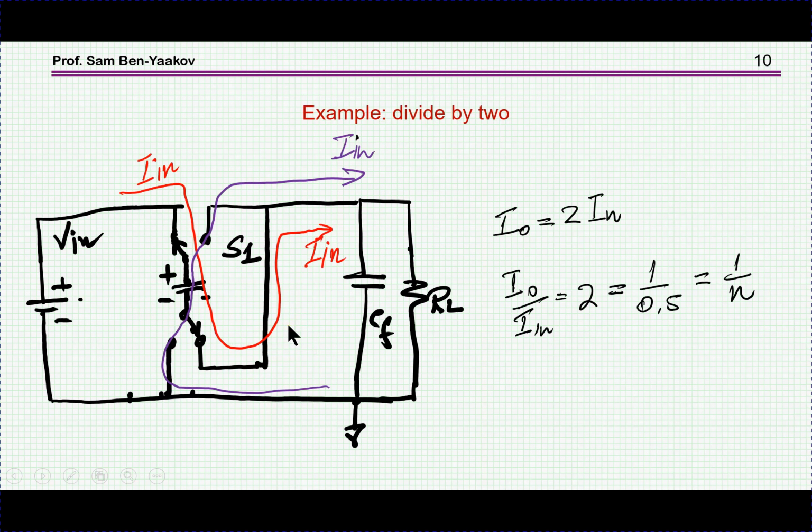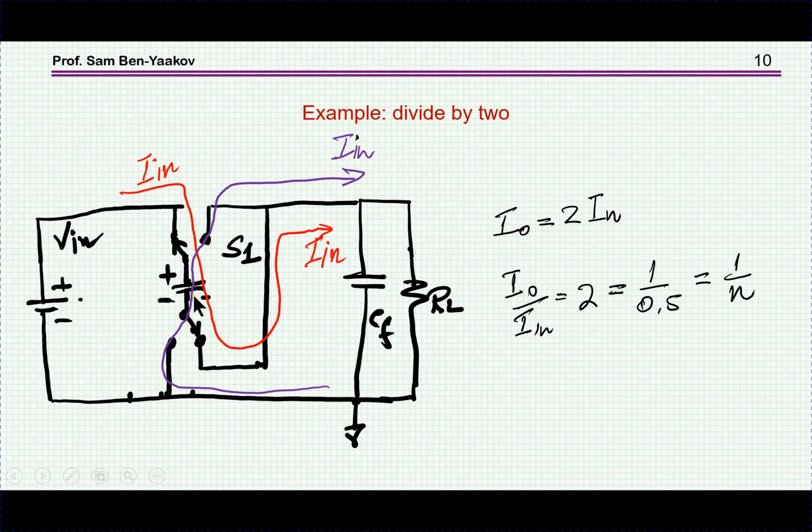So let's have a look at what happens in this divide by 2. In this case, when the switch is in this direction, we have a current I in going out. The I in, this is this current. This is the average input current. The second timing, the second state, there's no instantaneous current here.